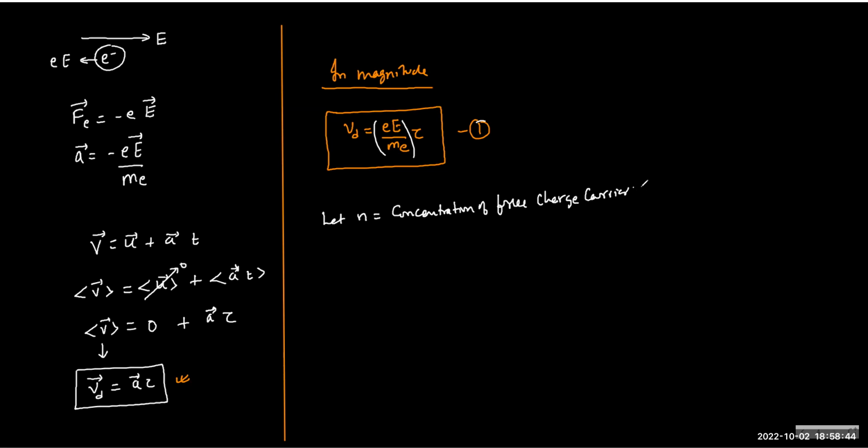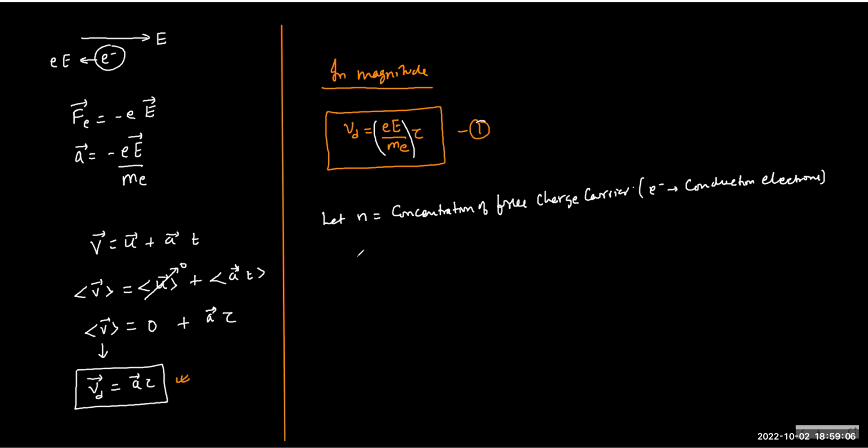In case of conductor, we have only one free charge carrier, and that is electron, right? And we talk about which electron? Conduction electrons.